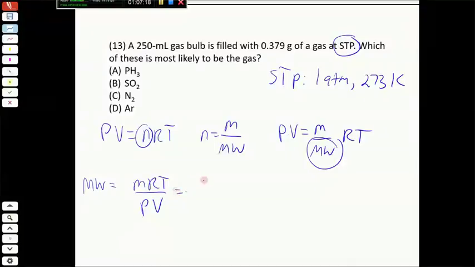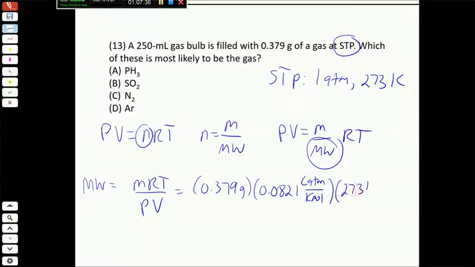So we just have to plug the numbers in. 0.379 grams is the mass. R is 0.0821 liter atmospheres per kelvin mole. The temperature at STP is 273 Kelvin.